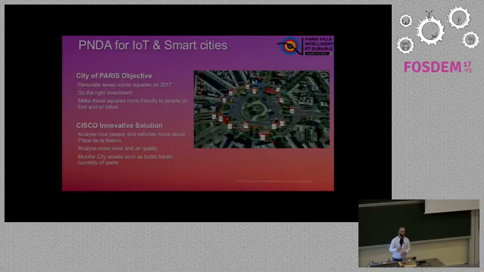So this is good because this was a data-driven approach, and so we put a lot of sensors within a place, a big place where we've got a lot of traffic, and the city wants to get events from all the works that will happen.